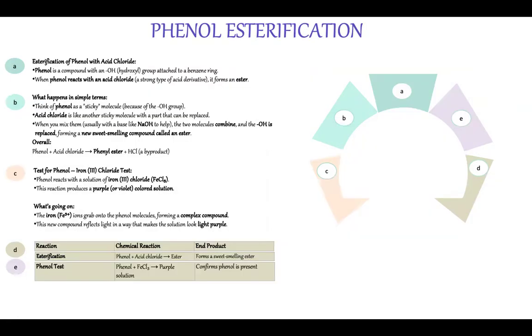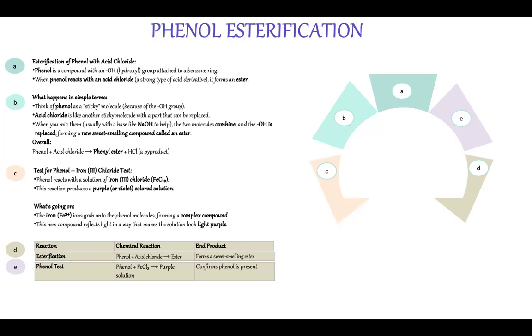Let's look into the phenol esterification: esterification of phenol with an acid chloride. Phenol is a compound with an -OH hydroxyl group attached to a benzene ring. When phenol reacts with an acid chloride, a reactive type of acid derivative, it forms an ester. Think of phenol as a sticky molecule because of the -OH group, and the acid chloride as another sticky molecule with a part that can be replaced.